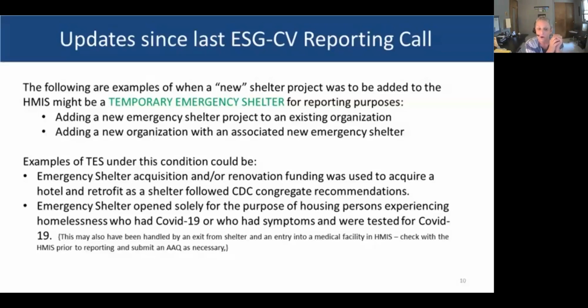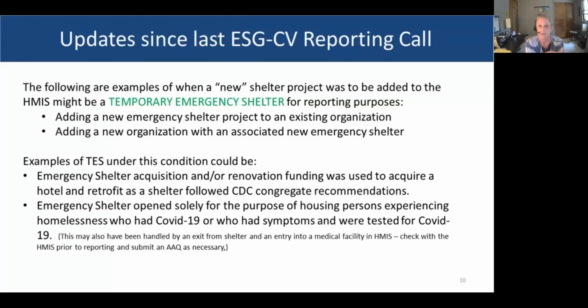Same thing for opening a shelter that can respond to the people experiencing homelessness that had COVID or were having the symptoms of COVID.